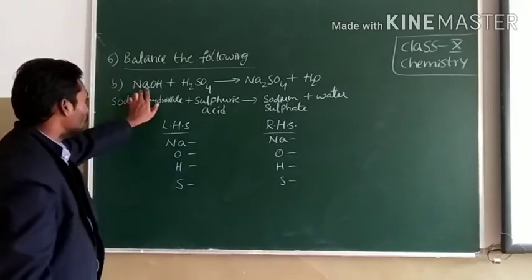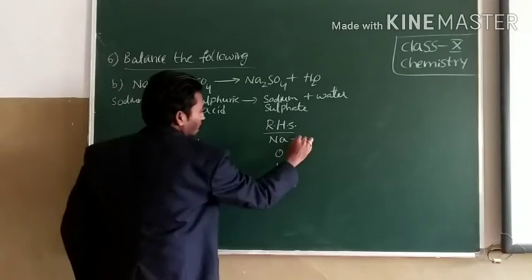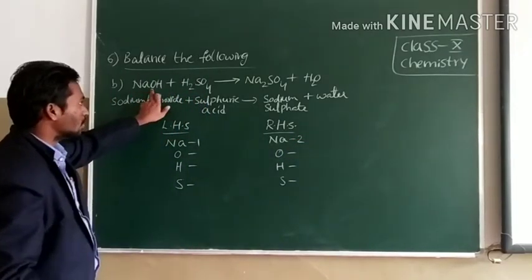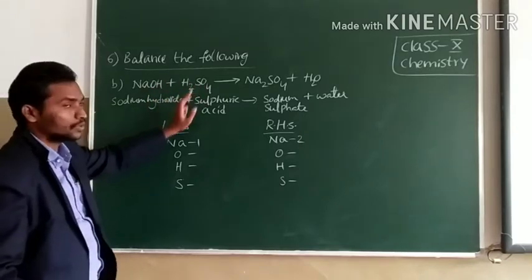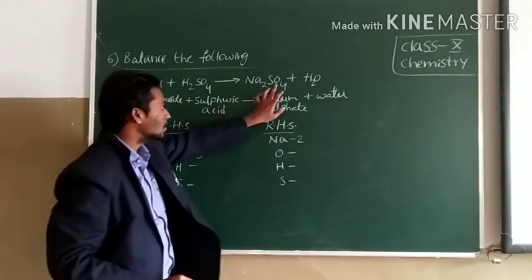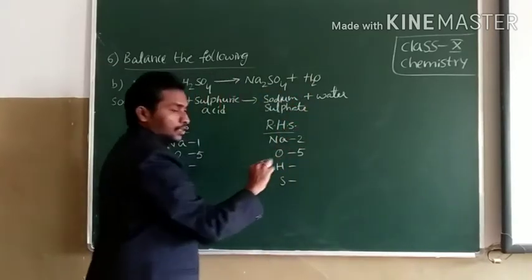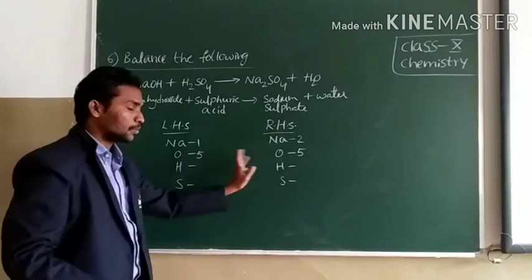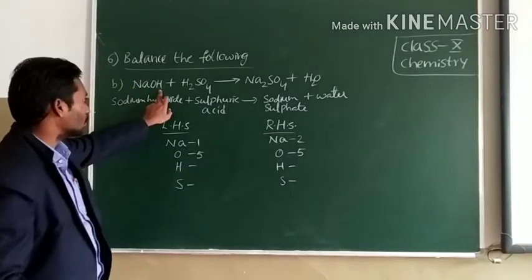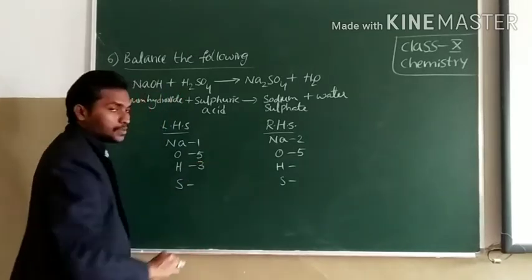Let's see. One sodium atom on LHS side. Here two sodium atoms on RHS side. One oxygen atom here, and one oxygen atom here. Here 4. 1 plus 4, 5 oxygen atoms on LHS side. On RHS side, here 4 plus 1, 5. Oxygen atoms are the same on both sides of the equation. Next, hydrogen atoms. Here 1 plus 2, 3 hydrogen atoms on LHS side.